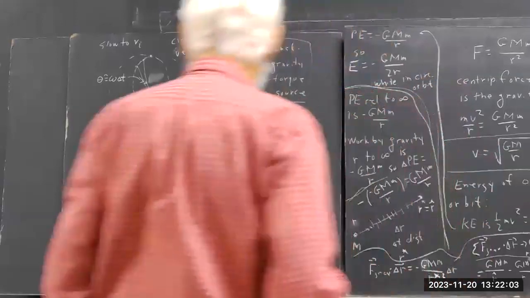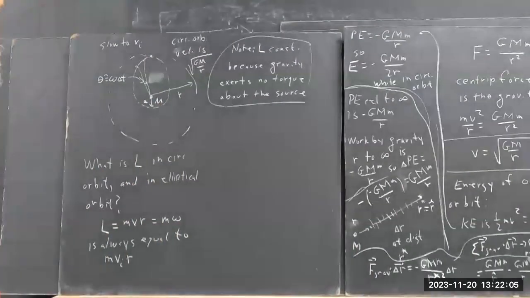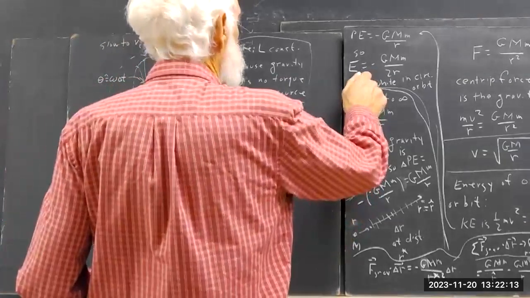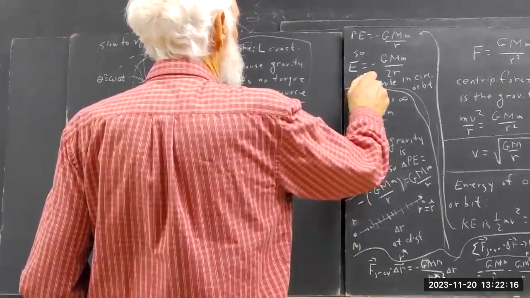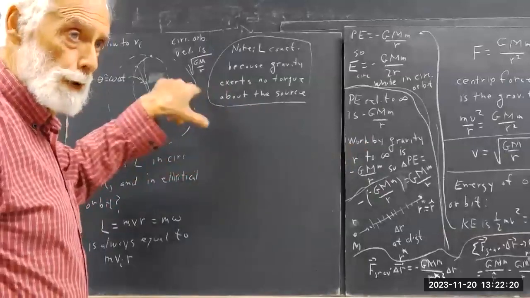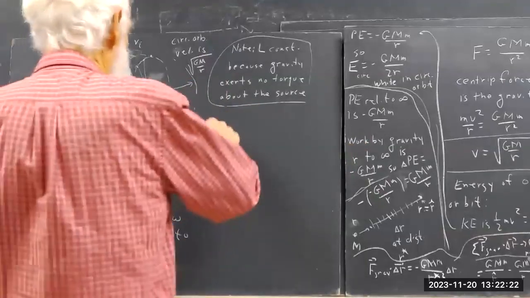In the circular orbit. Okay, well, what then is the total energy of the elliptical orbit? I'll say E circular to distinguish it from the total energy of the elliptical orbit.